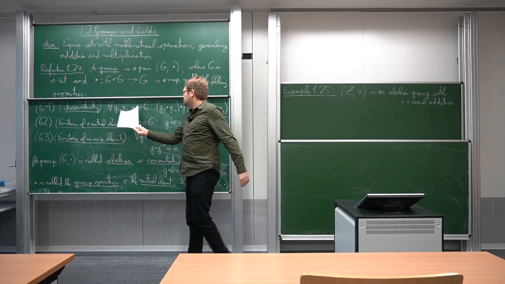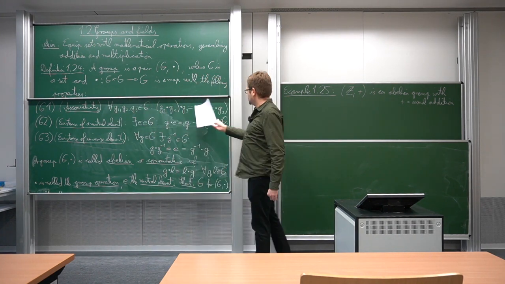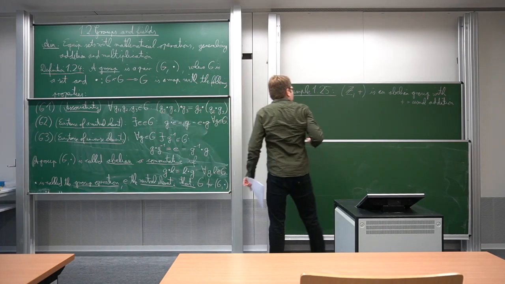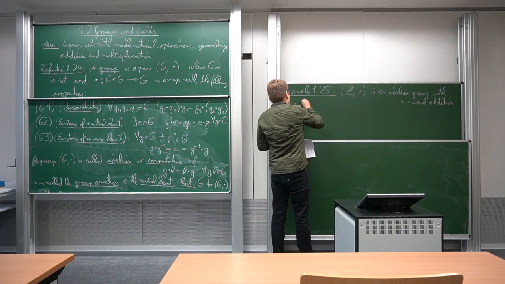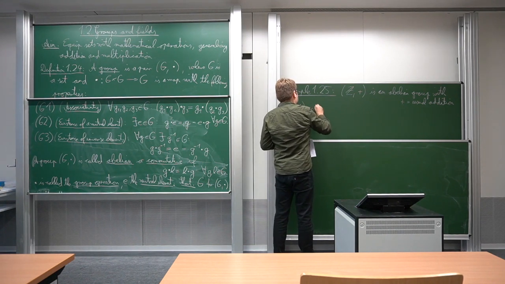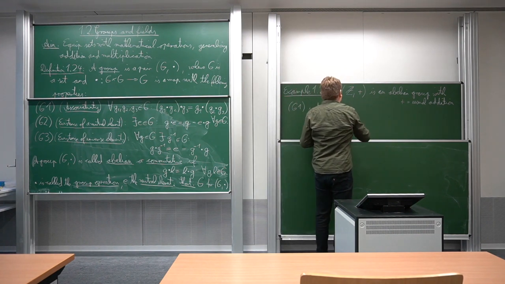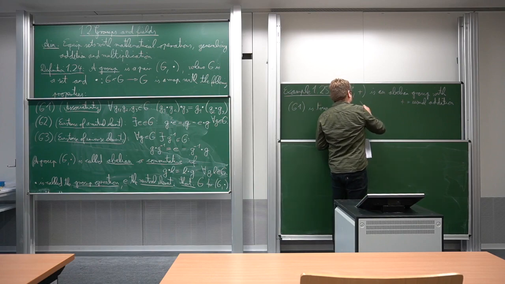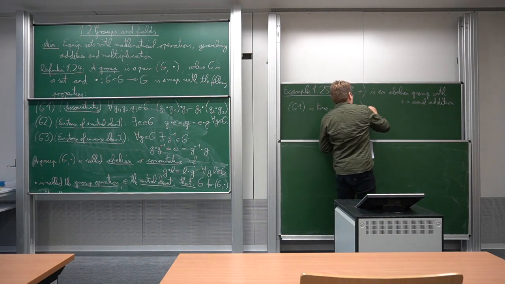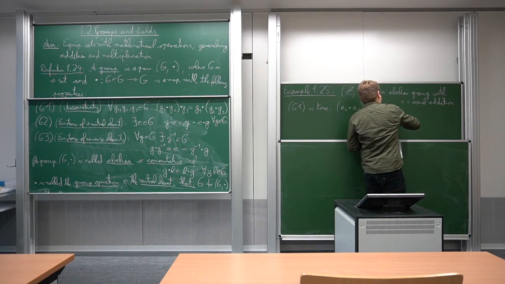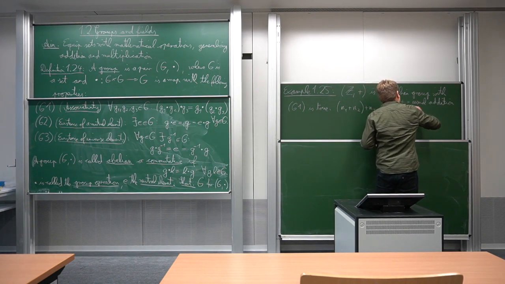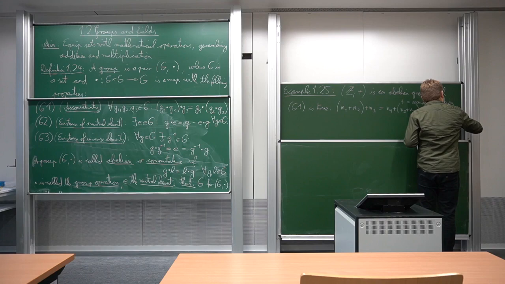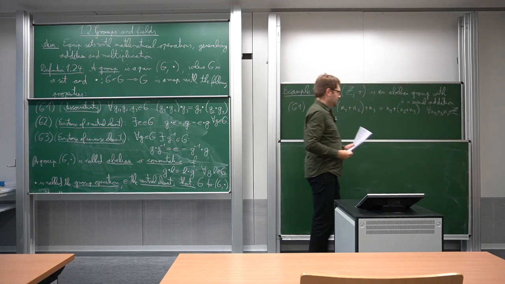First of all, we have the first axiom, associativity. We know from school that addition is associative. In this case, it means if we have (n1 plus n2) plus n3, where we just replace the operation dot by plus, this is the same as n1 plus (n2 plus n3), for all n1, n2, n3 in Z. So this is what we know from school.